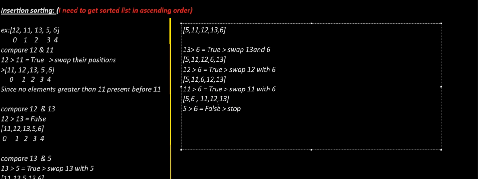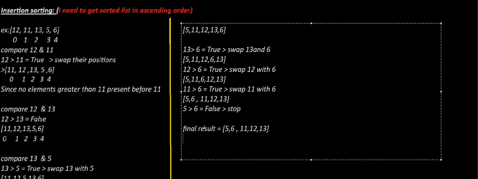Now you can see I started swapping from the first index till the fourth index. Did every element get swapped into ascending order finally? So now you can see the final result. It is sorted in ascending order.